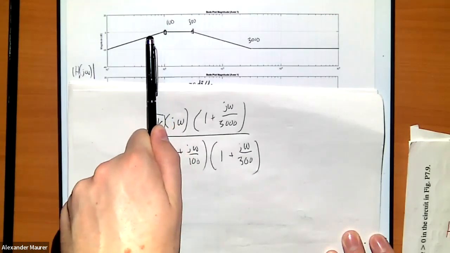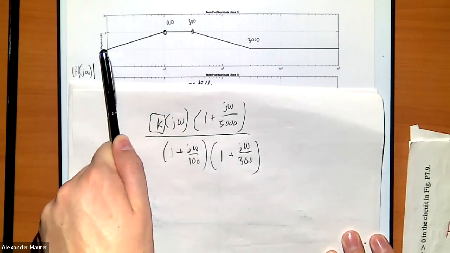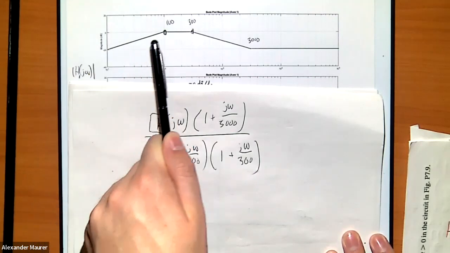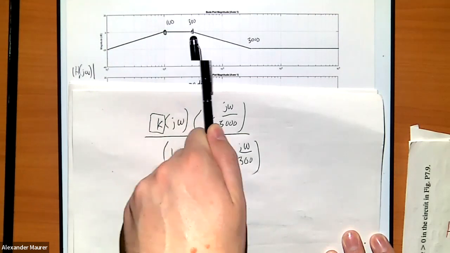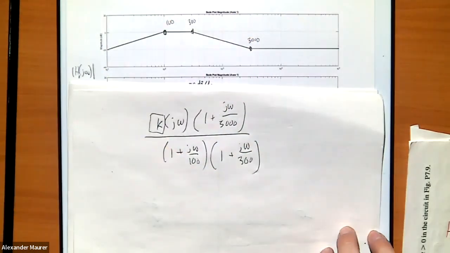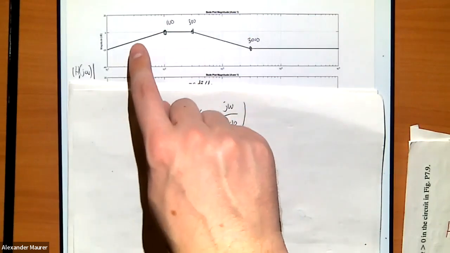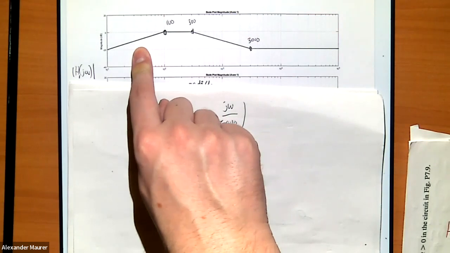Okay, so on this slope, you can choose any easy to read point that is to the left of all of the non-zero zero and pole locations. So if you're to the left of all of your corners, find a point that you can measure.